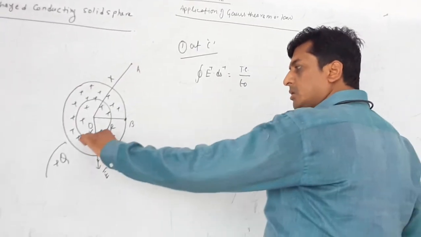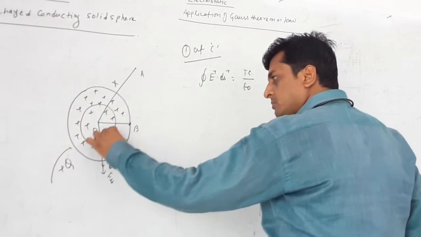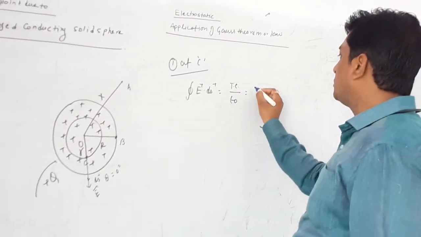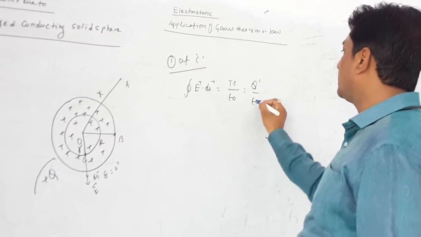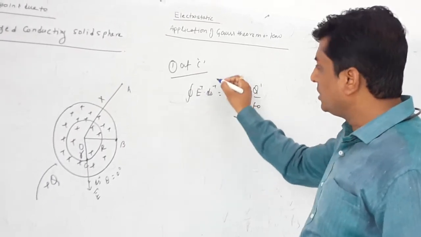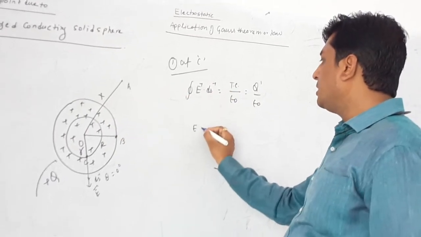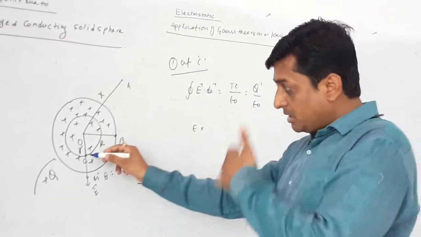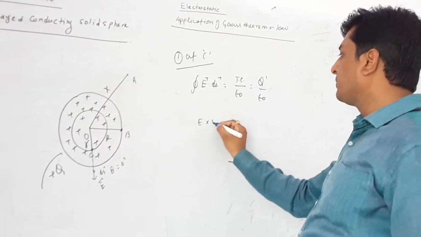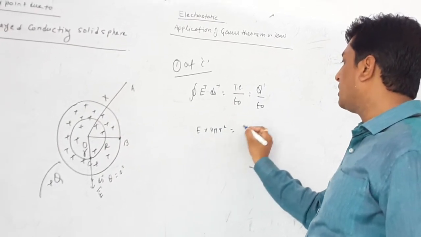Remember that here the total charge is only this much surface, this much. Assume it is q dash upon epsilon naught. When you put theta as 0 and solve this integration, you will get E into 4 pi r square, since ds is the surface area, equals q dash.